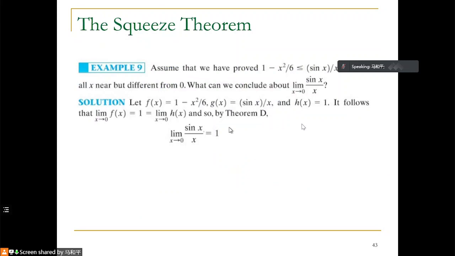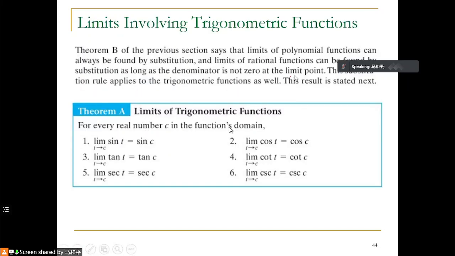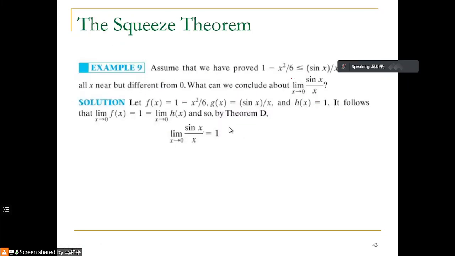a limit we have touched before. So calculate this. Remember, we made this limit before.